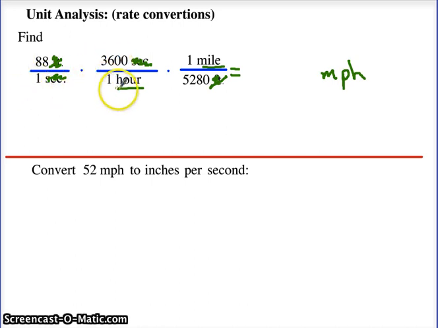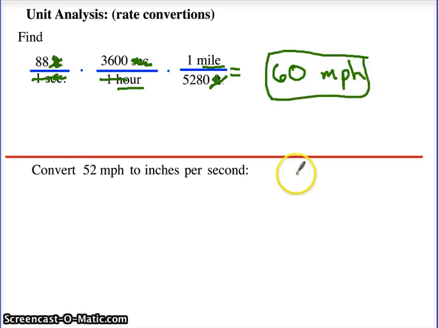They're both being divided by 1, so that part really doesn't matter. It'll just disappear. Then we're dividing by, notice we multiply by 1 but divide by 5,280. And if we go ahead and do that, 88 times 3,600 divided by 5,280 actually comes out to 60 miles per hour.